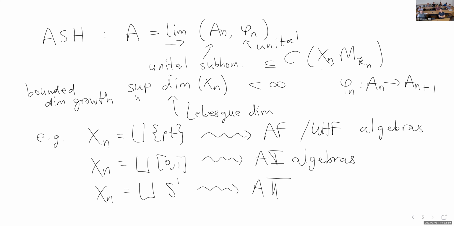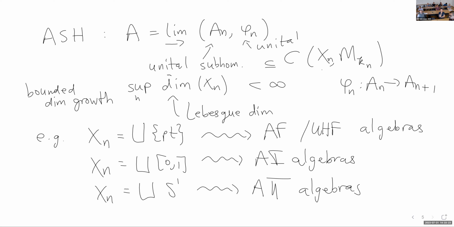I don't know why I'm using T instead of S1, whatever. All of these are homogeneous examples. Let me give you some truly sub-homogeneous examples, which are very important in this framework.